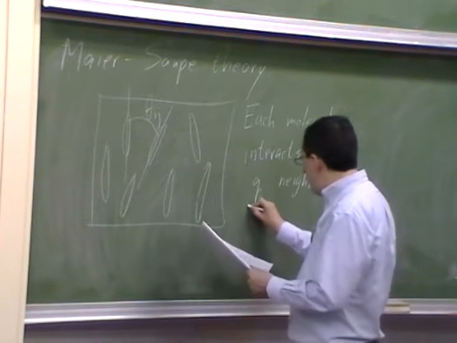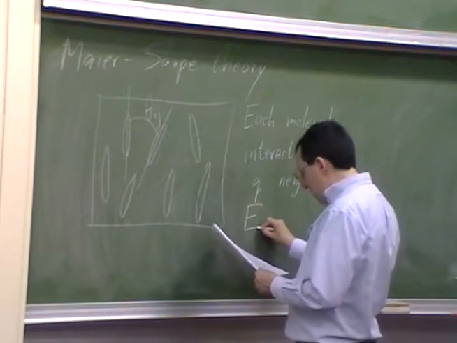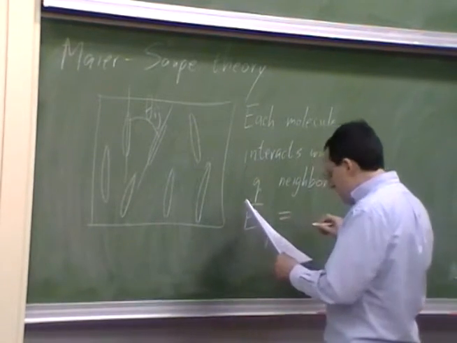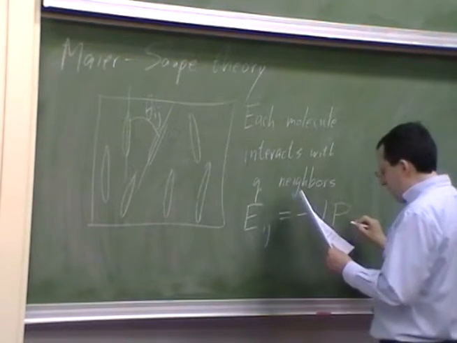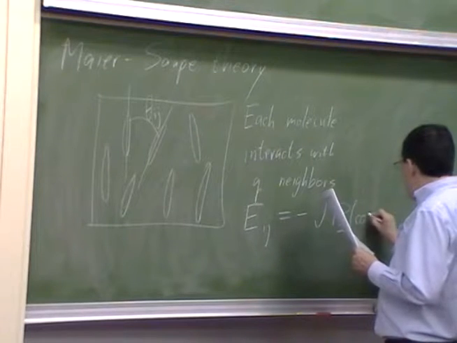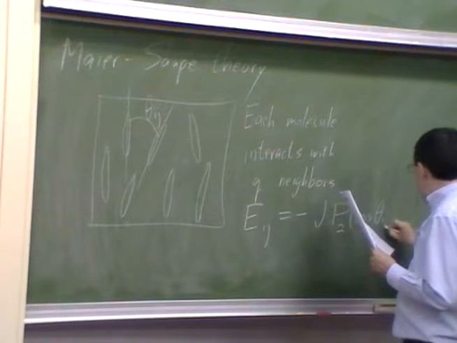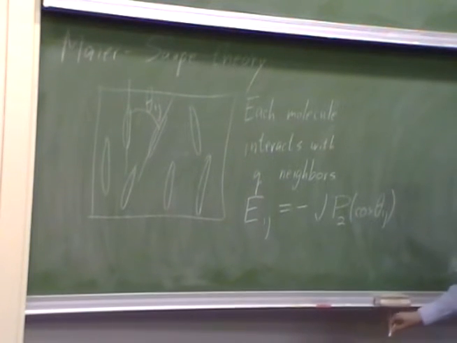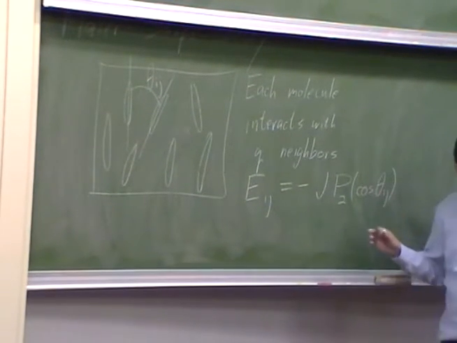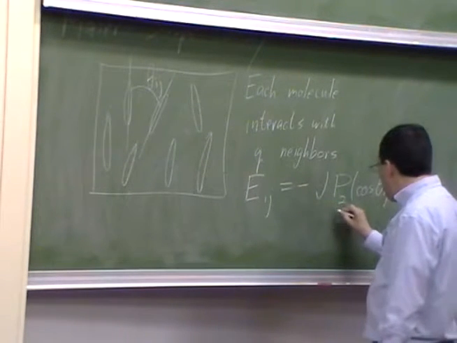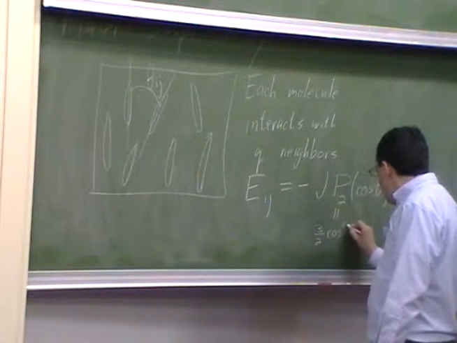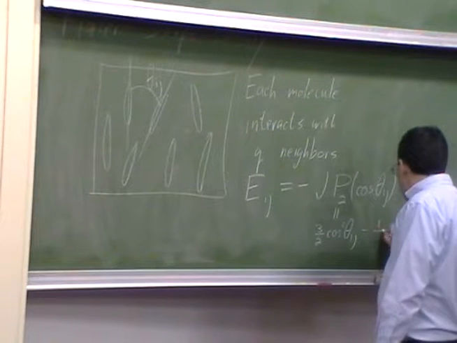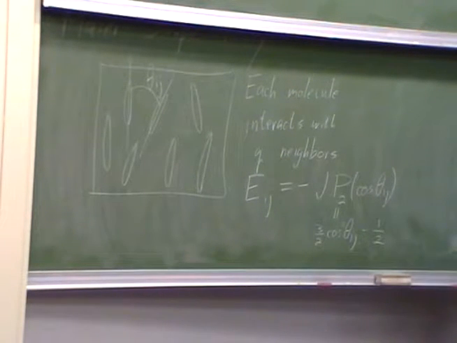The Maier-Saupe assumption is that this energy of interaction between i and j is negative J, some interaction parameter, times P2 of cosine theta ij. P2 is the second Legendre polynomial that I told you about last time, equal to 3/2 cosine squared theta ij minus 1/2.